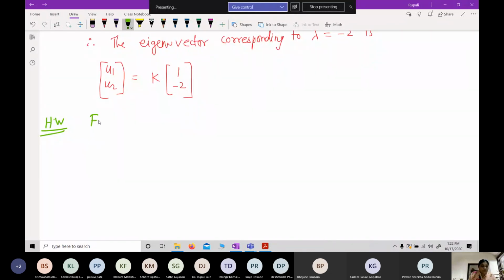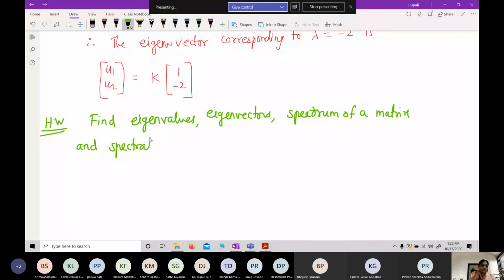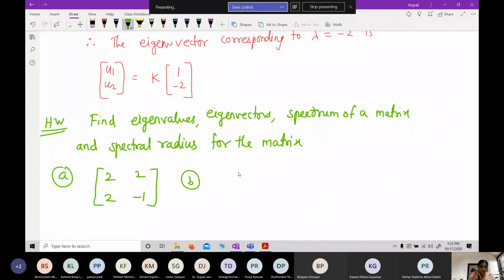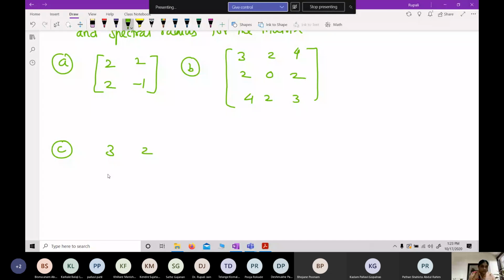So find eigenvalues, eigenvectors, spectrum of a matrix, and spectral radius for the matrices: matrix A is 2 2, 2 minus 1; B is 3 2 4, 2 0 2, 4 2 3; C is 3 2, minus 5 1.